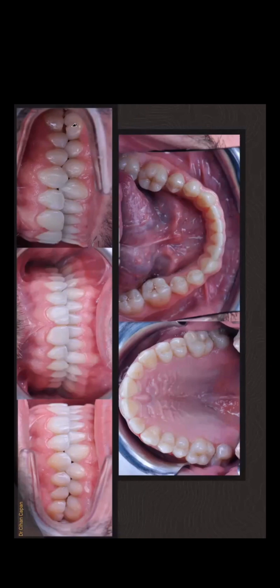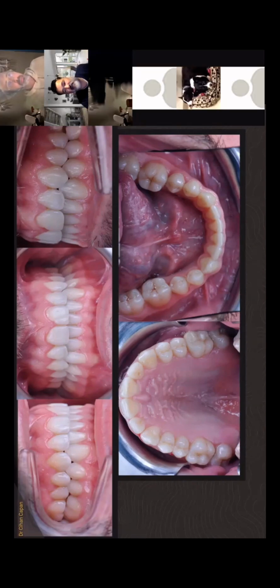Here we just had a little problem. You can see I could have done it a little bit better, but he had to go to London. He told me that he will move there. I asked him to get more additional aligners, but he didn't care about the posterior. He just said it's okay. I'm really happy with the treatment.